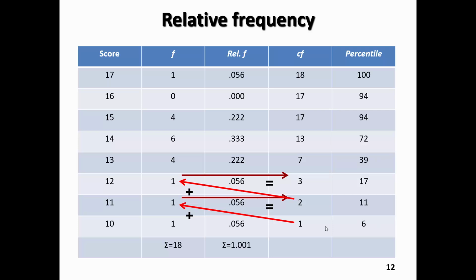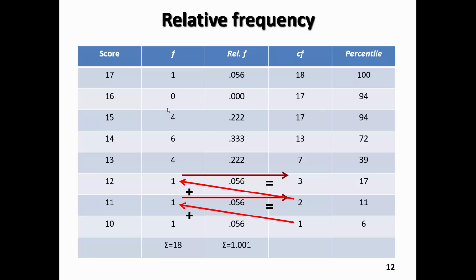So we have 1 divided by 18, and we have multiplied it by 100%, and we have 6%. We do that with 2 divided by 18, and that gives us 11, and we continue this all the way till we get to the top, where 18, of course, divided by 18 is 1. You multiply that by 100%, and you get a percentile of 100.